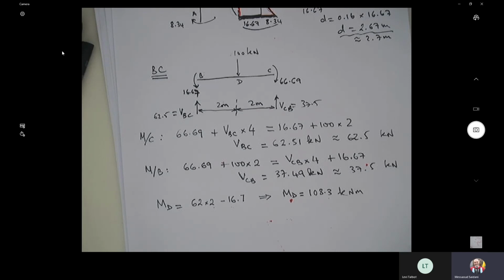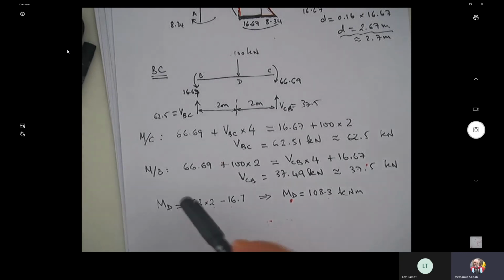Wait, I'm just looking at, wait a minute. Did we get it the opposite way round in the step before? That's what I thought, 37.5. Shouldn't VCB and VCB be the other way around?